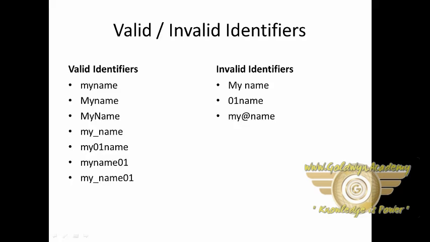Second identifier, 01 name, is starting from a numeric value, which is not an underscore nor an alphabet. So that is why it is invalid. And the third contains at, which is also invalid. So now you know how to name your variables, procedures, and objects.